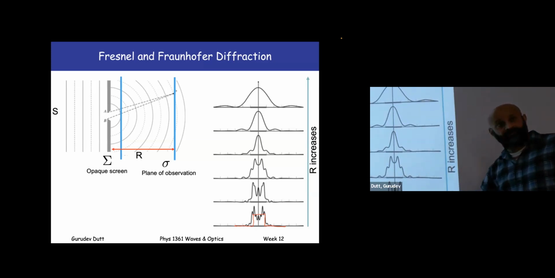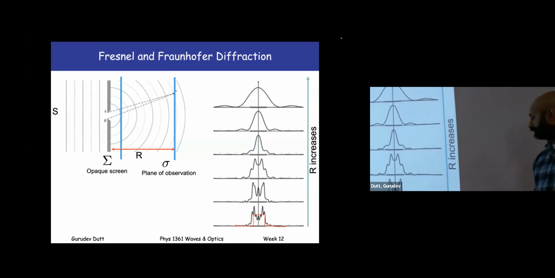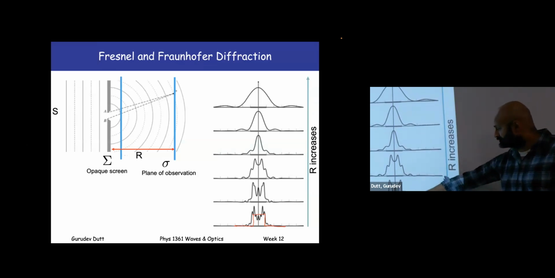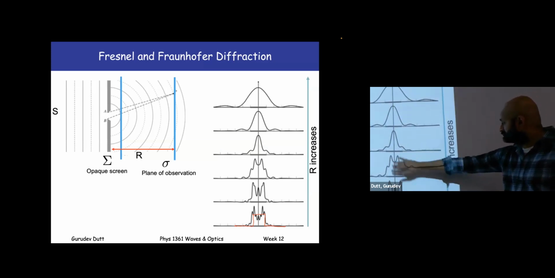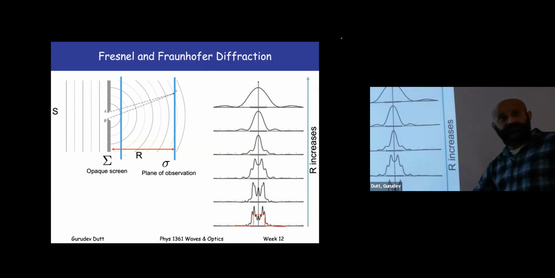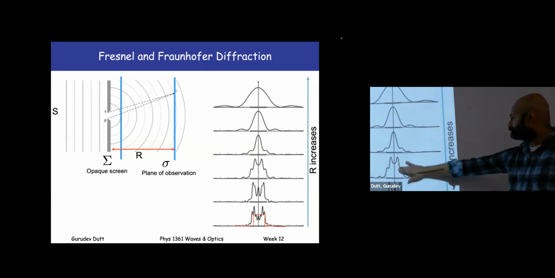First, I see a fringe pattern that looks like this. That was to be expected from our argument, but you notice this pattern changes as I go from here to here to maybe here. The number of fringes and the way in which they appear is changing in this region.